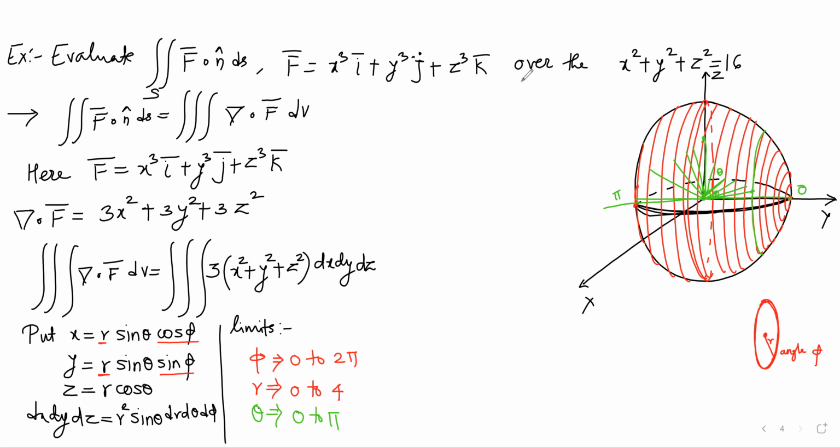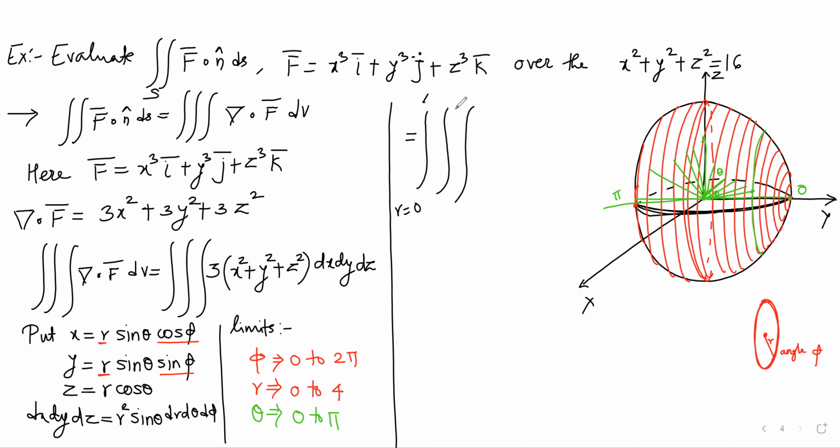Okay, let us go ahead and complete this question. Here I have to convert this. What is the value of r? r is taking the value from 0 to 4. Theta is from 0 to pi, and phi is from 0 to 2 pi.